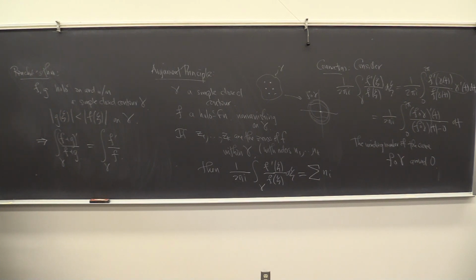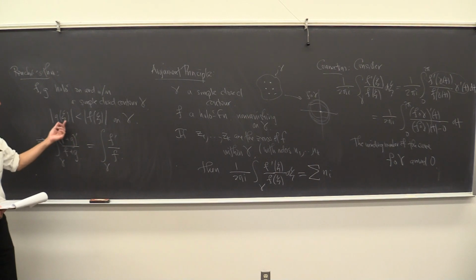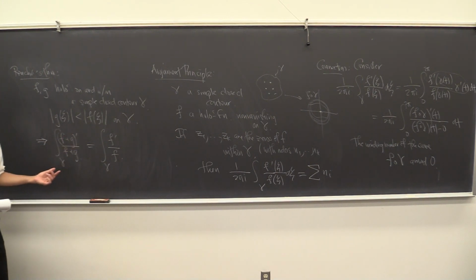That is, you could take your function and perturb it by a smaller function, and that wouldn't change the number of zeros.